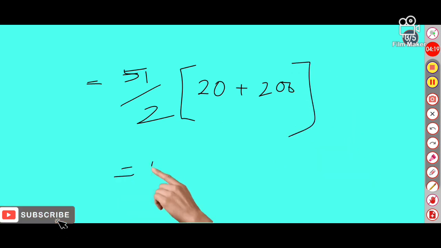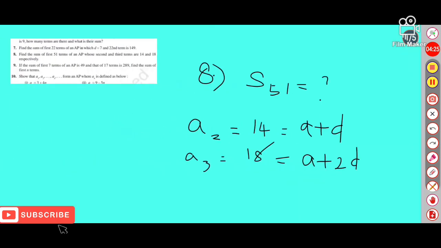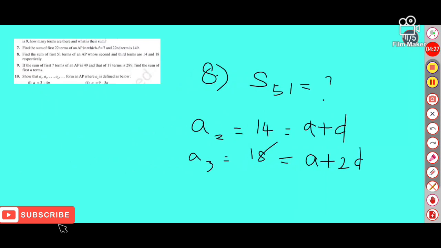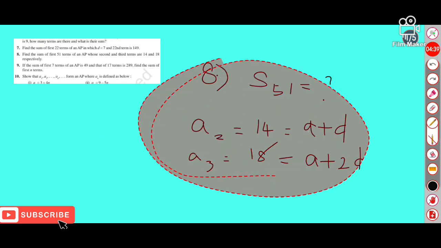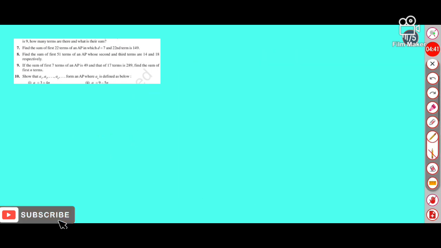When you simplify, you get 5610 as the Sn value. I am not writing each and every step because for such a basic problem these steps are not needed, because you guys are far better than just solving these kinds of problems like LKG kids. I hope you guys understand. Now we'll see the next question.